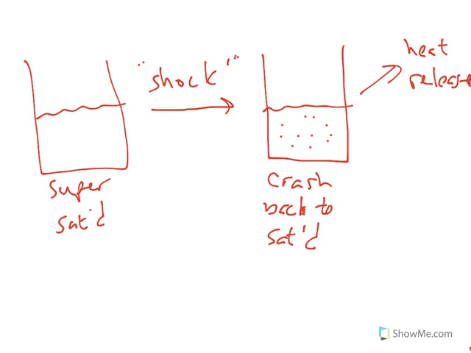Also, this is a way to recrystallize materials into their pure form. So those of you that are moving on to organic chemistry, you'll do this quite often, all right? You can take a supersaturated solution of, let's say, benzoic acid, for example. It's just some solid that I was thinking of off the top of my head. You can shock the system, and you'll crash out very highly pure crystalline benzoic acid.